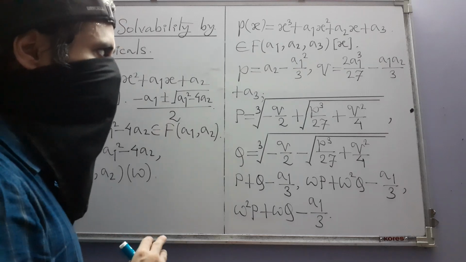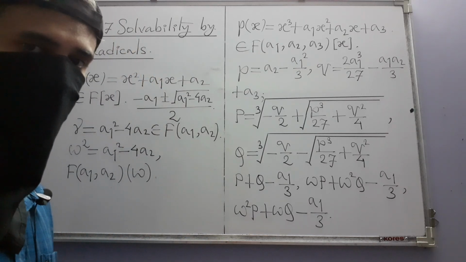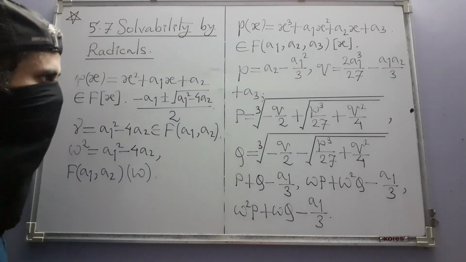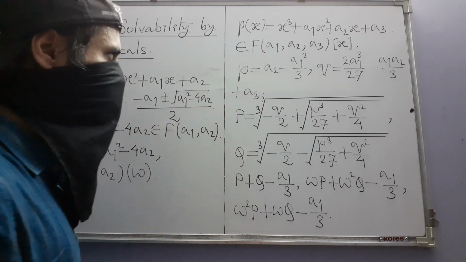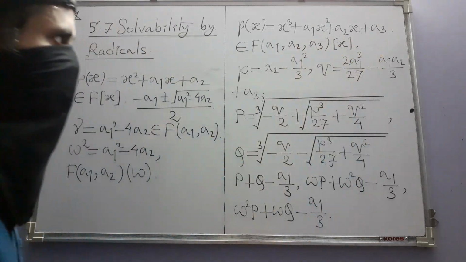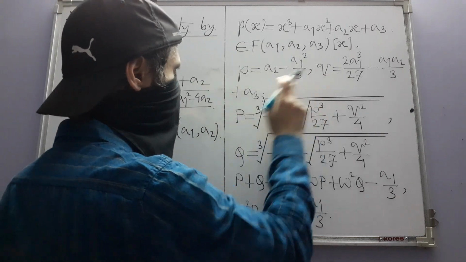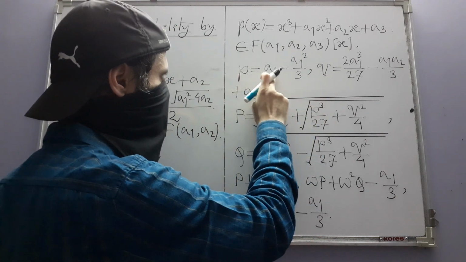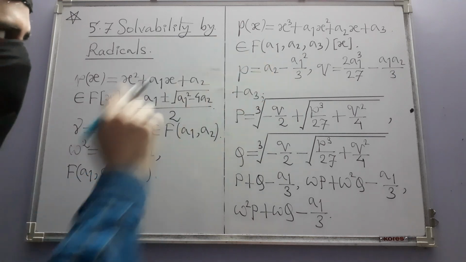Then here also one can have a way of getting the roots in terms of coefficients, which is a fairly complicated way. What you first do, you have the coefficients a1, a2 and a3, treat them as indeterminates. You define two new quantities, p, which is a2 minus a1 square divided by 3, and q like that.